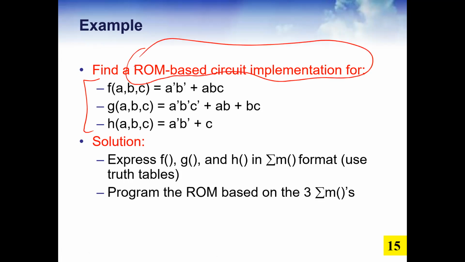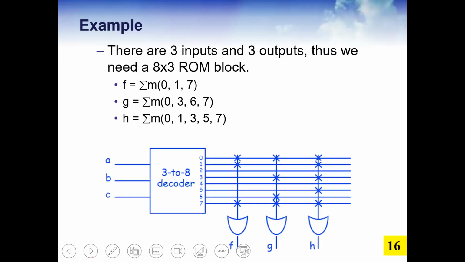For the implementation of any function, we must know the minterms, as I said. You can see this is not a canonical or standard form, so we must convert all the functions into canonical form and find the minterms. Then we'll go to the next step. So the first step is to convert into canonical form and get the minterms.